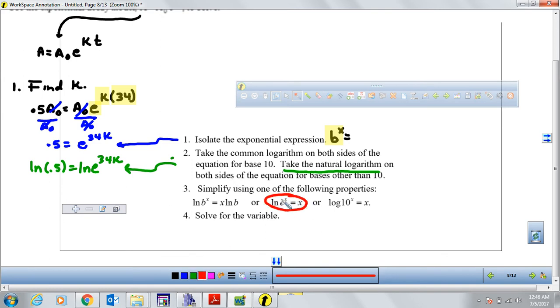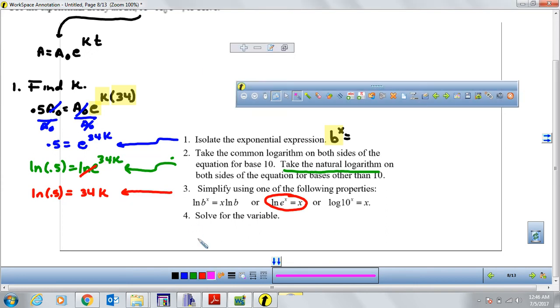The ln of e just disappears from the equation, so that leaves me with 34k equals the natural log of 0.5. That's step 3. And step 4 and last, I need to solve for the variable k. How do I solve for k? By dividing both sides by 34. So we know that k is equal to the natural log of 0.5 divided by 34.